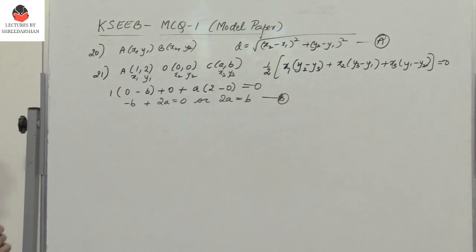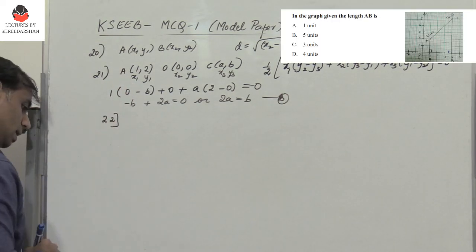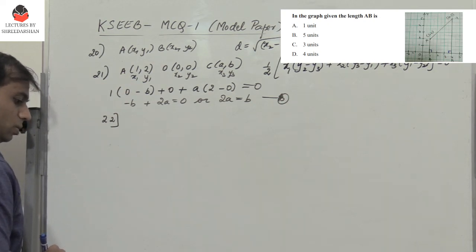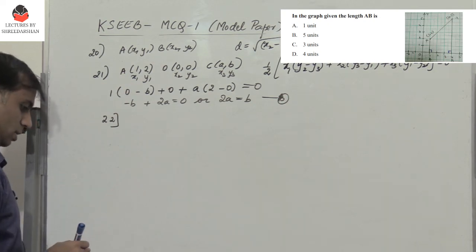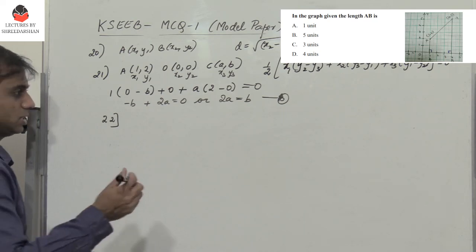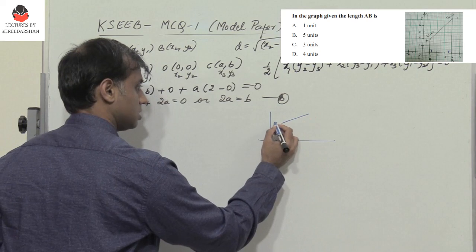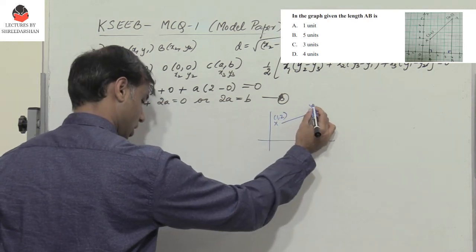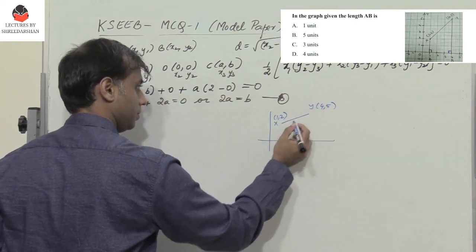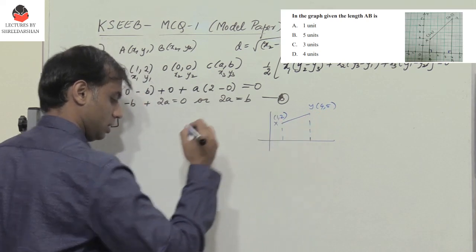A very easy problem. Now the 22nd one. In the graph, find the length of AB. There's a graph which has been given, you can see it on the screen. I have a line with points (1, 2) and (4, 5). I dropped two perpendiculars.